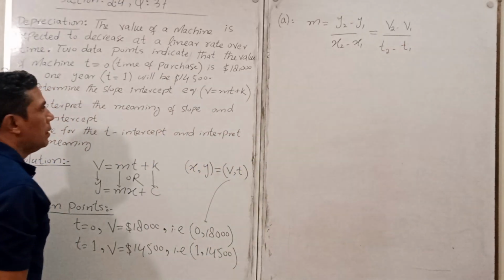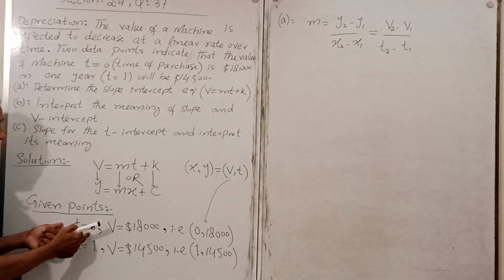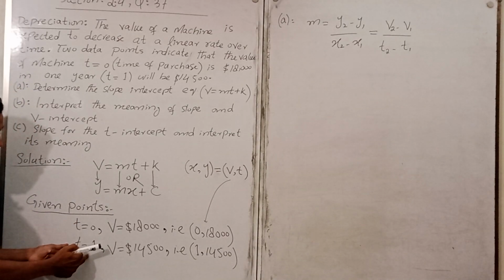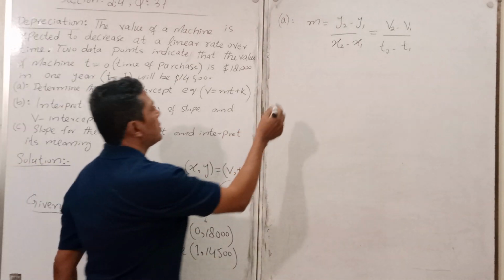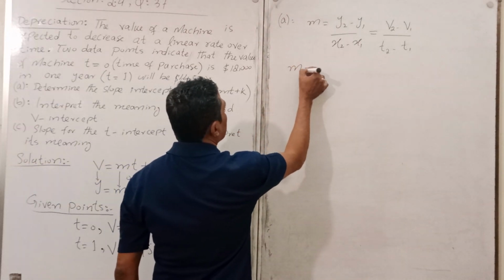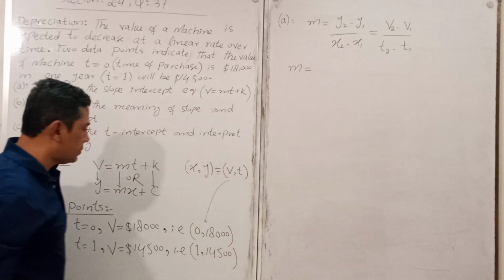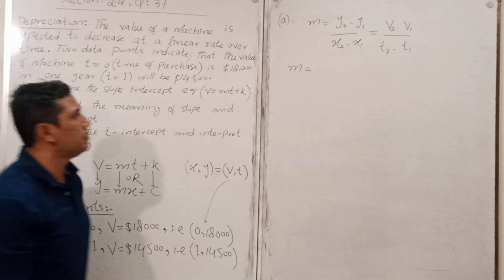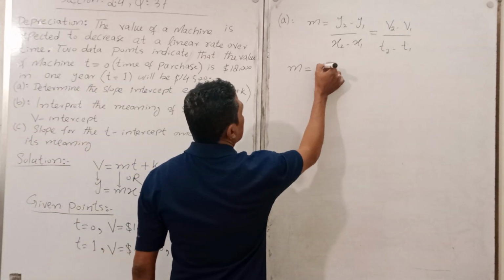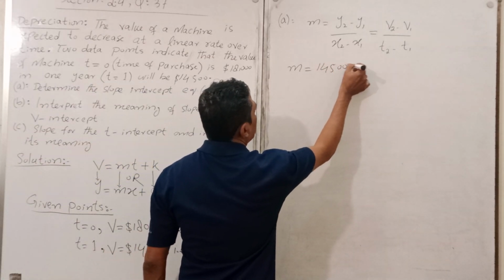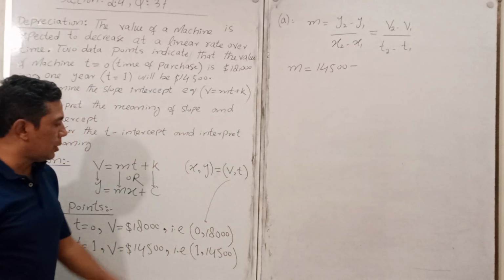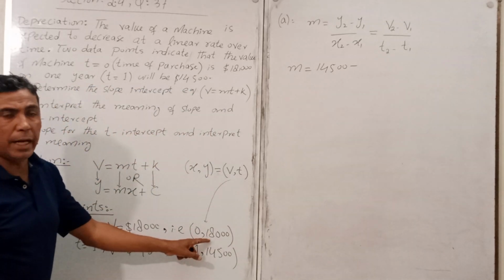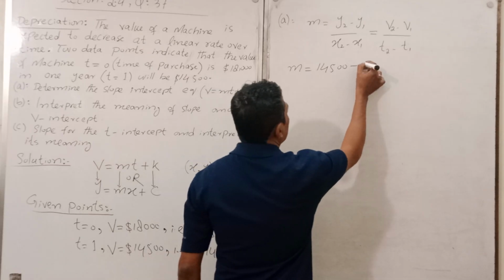The initial time is 0 and the second time is 1, so just plug the values in. V2 is 14,500 and V1 is $18,000.